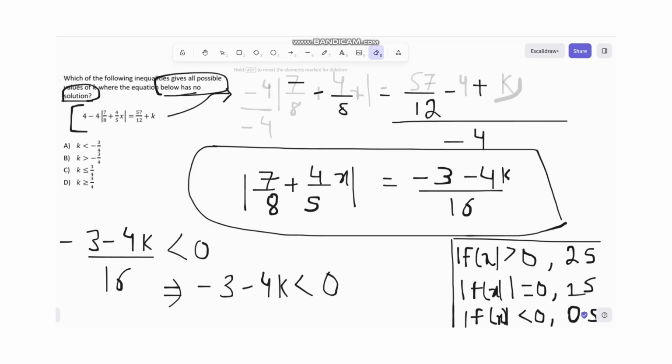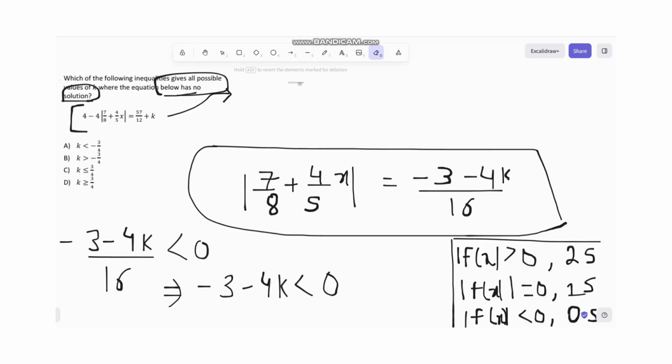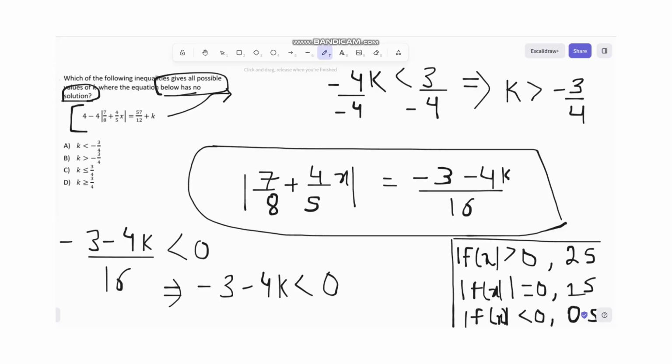So we get negative 4k greater than 3, and again we have to get rid of this negative 4, so we divide by negative 4 on both sides, and finally what we get is k is greater than negative 3 by 4. So this is our answer. Option B.